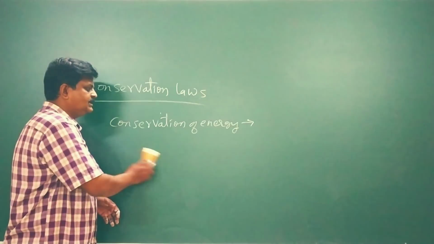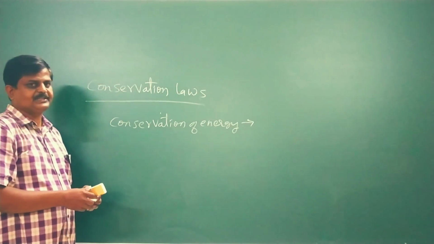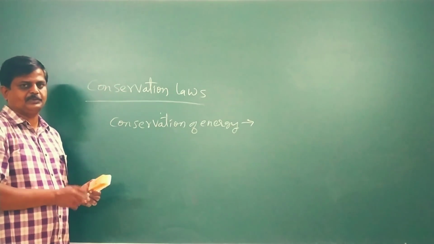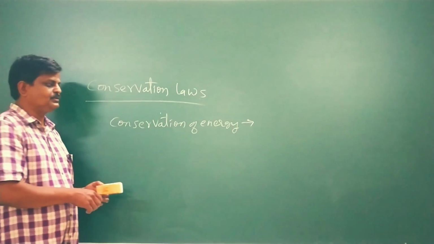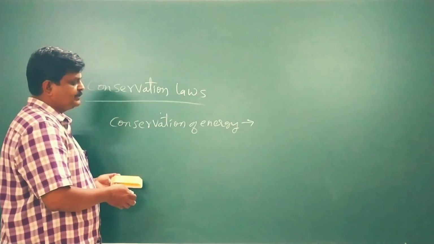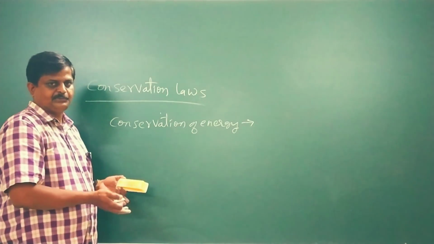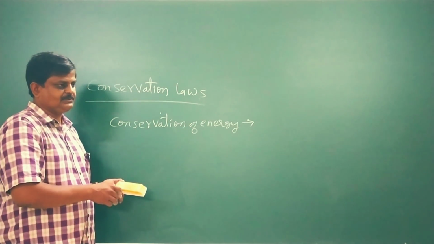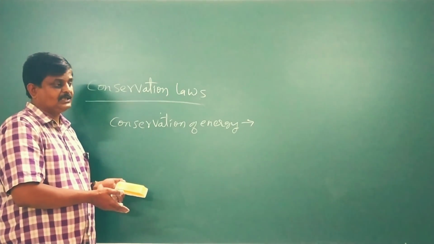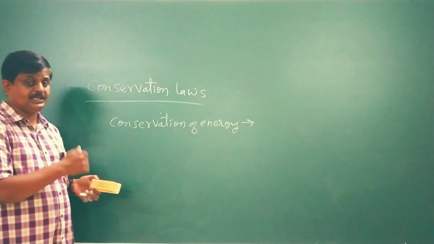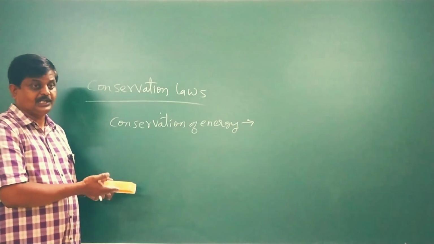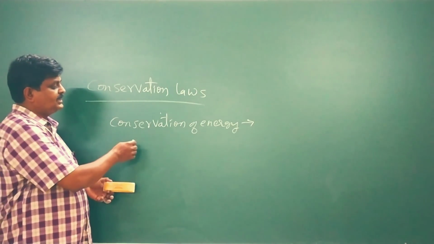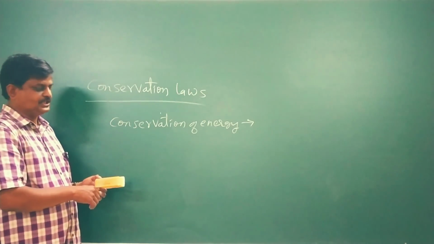So our earlier definition was that it can neither be created nor destroyed, but one form of energy can be converted into another. And all of you know that energy has many forms. Just now I have listed light energy, heat energy, recently nuclear energy, atomic energy, many more. Okay, wind energy. So these are conserved in nature.